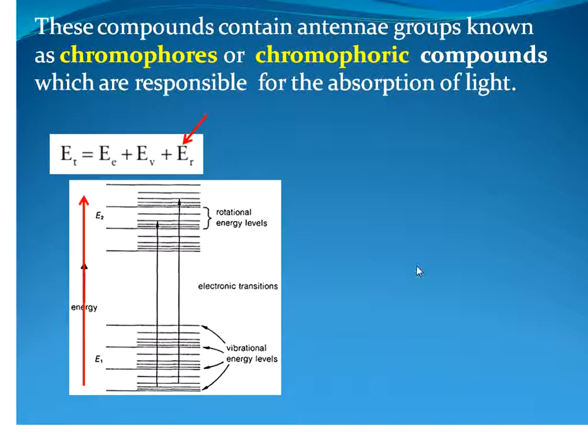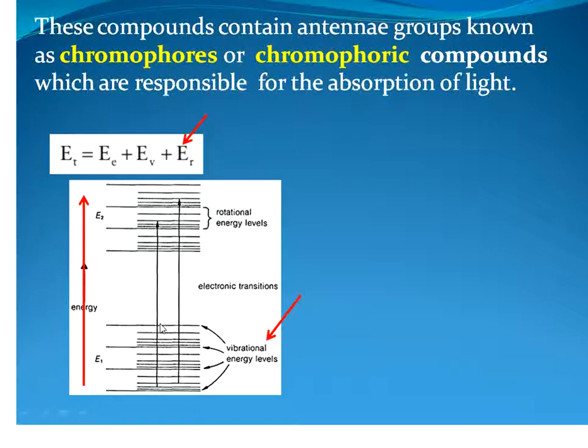We're saying that it's composed of the electronic energy, the one we are seeing here, followed by the rotational energy, and then the vibrational energy. So that's how we can get the total energy. We just need to add the electronic energy plus the vibrational energy.